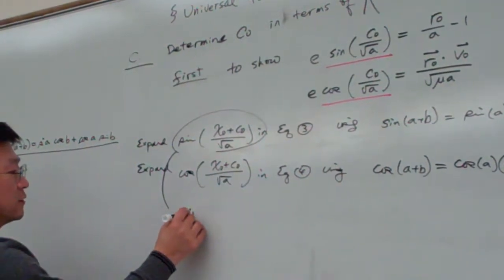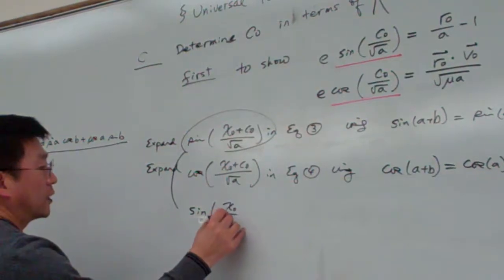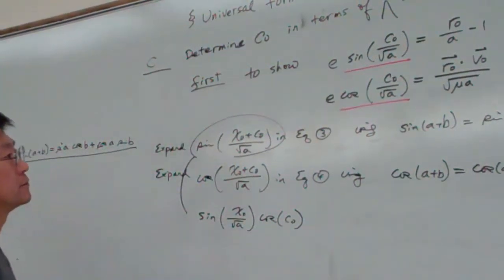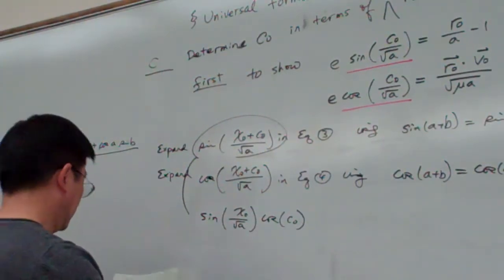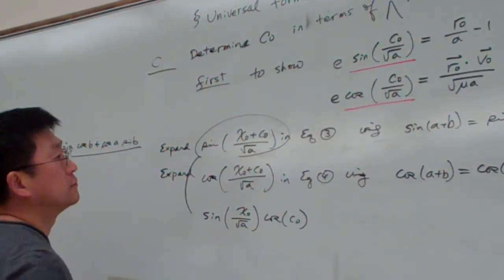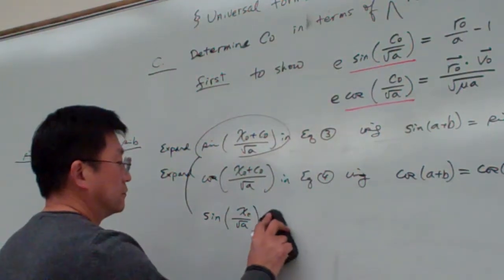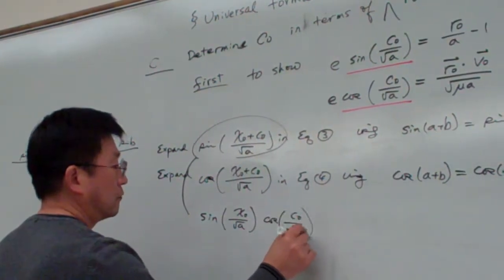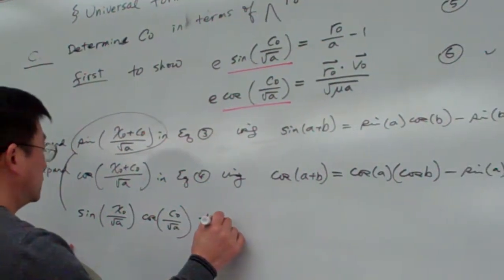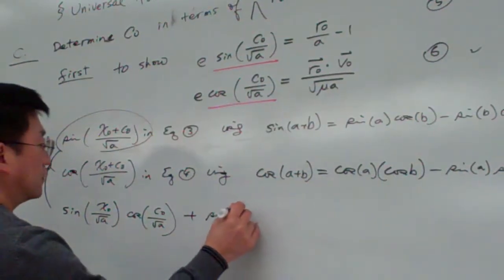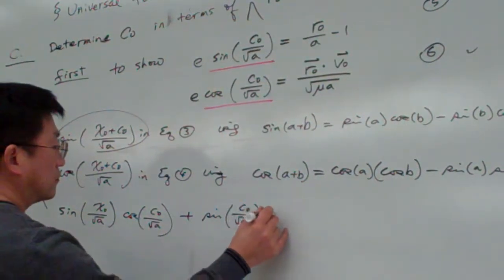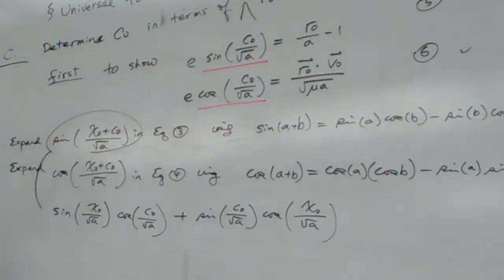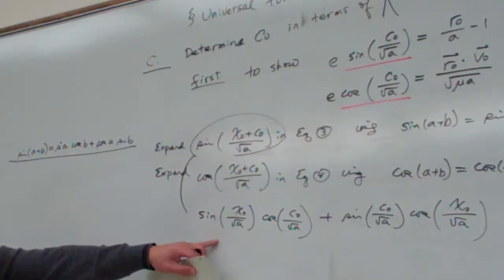That will be sine x0 divided by A and cosine C0, plus sine C0 cosine. Right? So once this is expanded, we have such things.